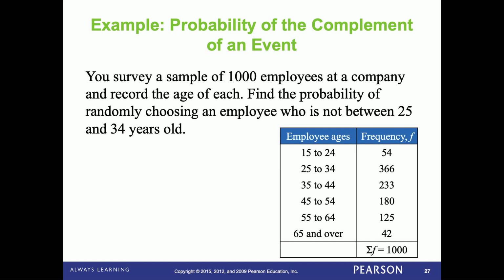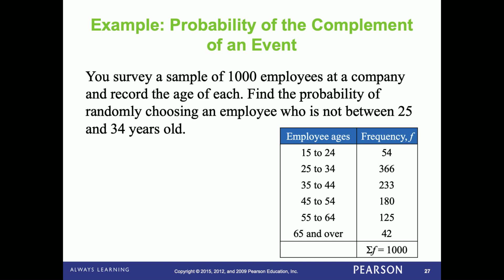You survey a sample of 1,000 employees at a company and record the age of each. Find the probability of randomly choosing an employee who is not between 25 and 34. Now, this list has 6 categories.